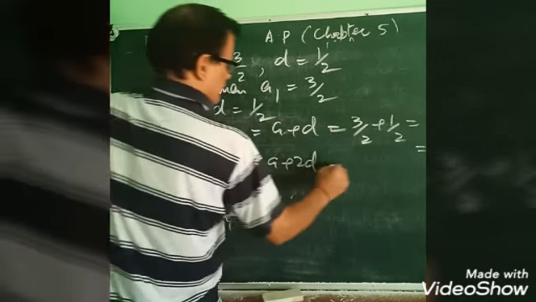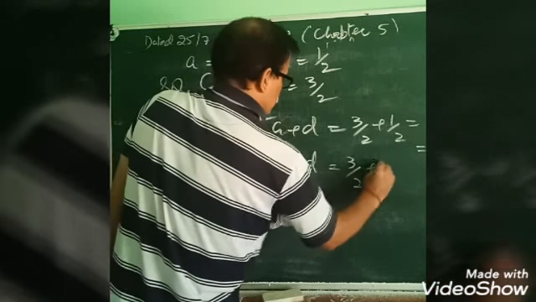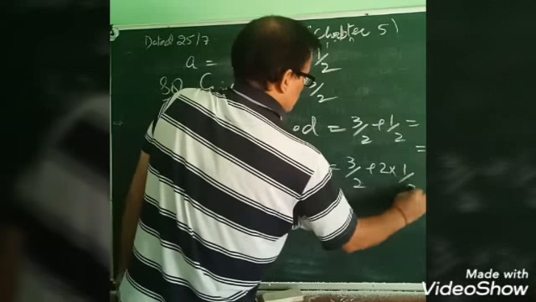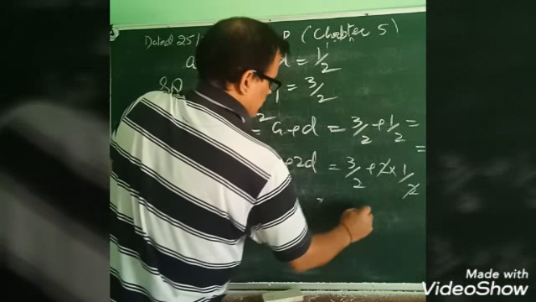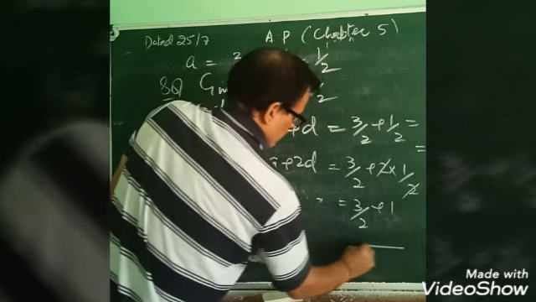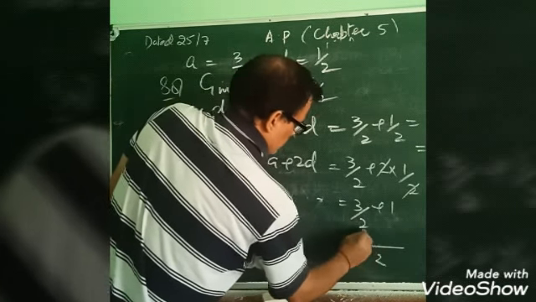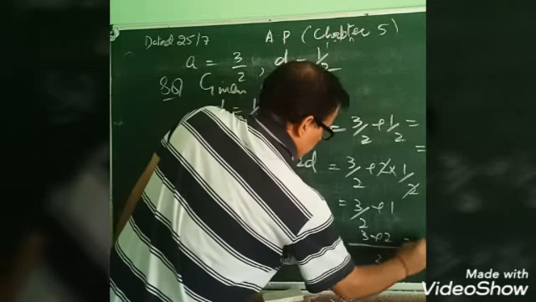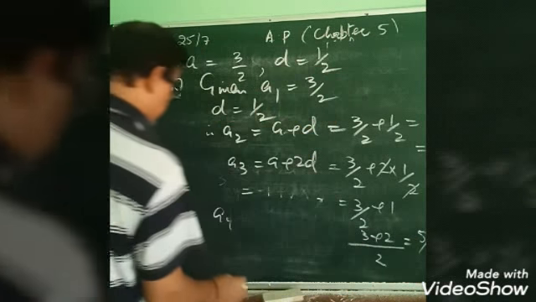A is 3 by 2 plus 2 into 1 by 2. 2 and 2 get cancelled. This is 3 by 2 plus 1. The LCM will be 2. It is 3 plus 2, that is 5 by 2.